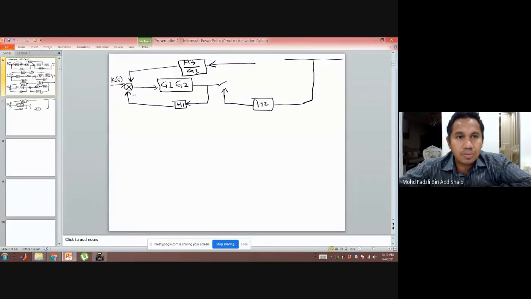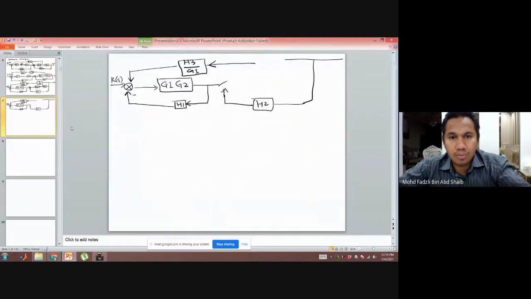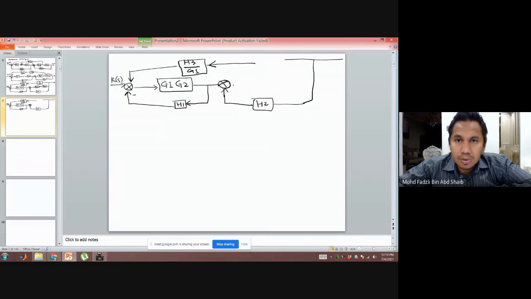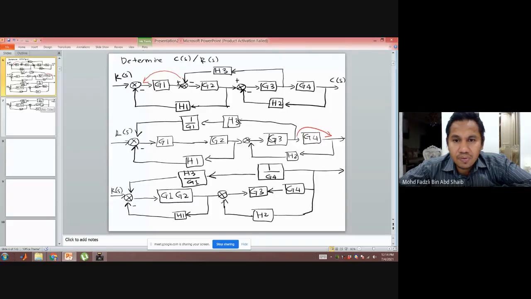This one G3, G4, after we combine. And this one 1 over G4. One over G4, G3, G4, okay.